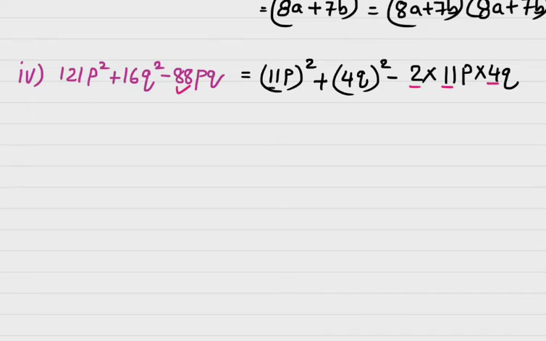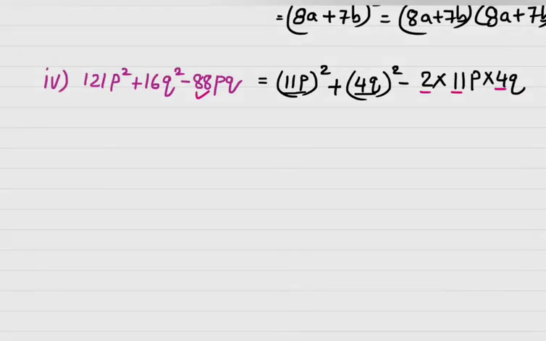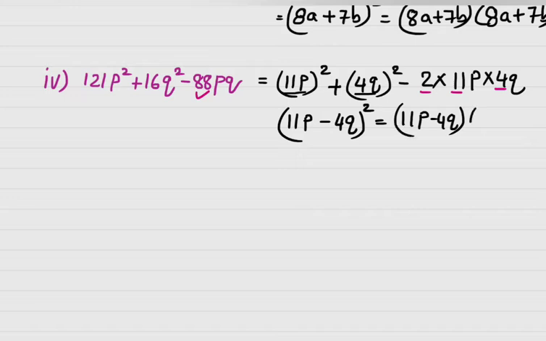If you consider 11p as a, 4q as b, then you can see that here you have a square plus b square minus 2ab. So we will be having 11p minus 4q whole square. So that will be equal to 11p minus 4q into 11p minus 4q.